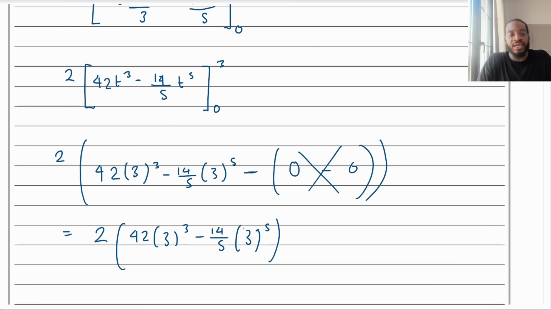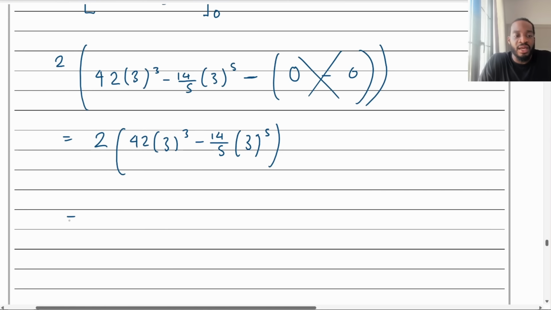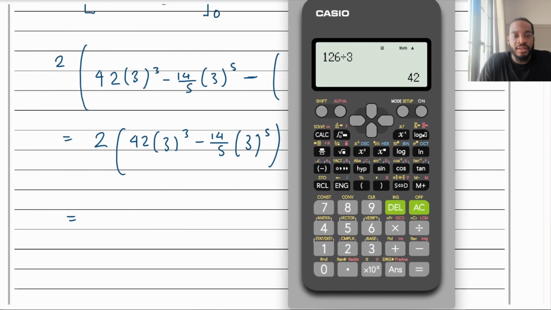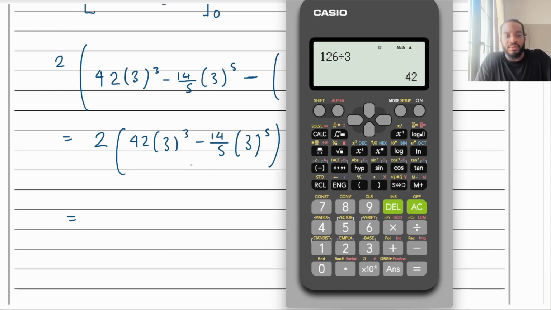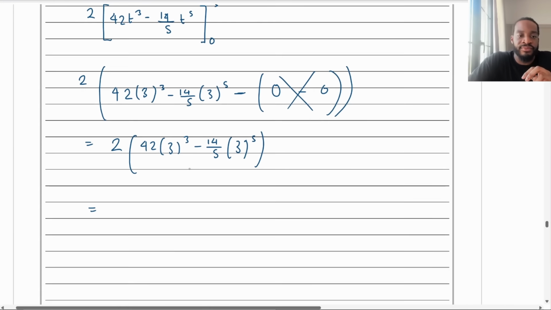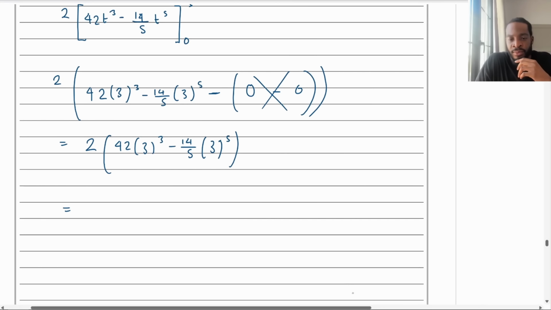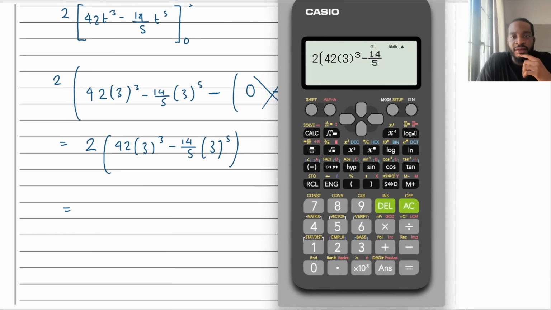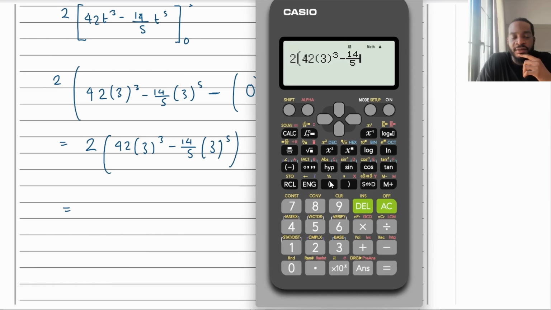So I'll just put this into the calculator and see what we get. Let me just zoom out so you guys can see everything. So putting that in is going to be 2 bracket 42 times 3 cubed minus 14 over 5, and then 3 to the 5, isn't it?